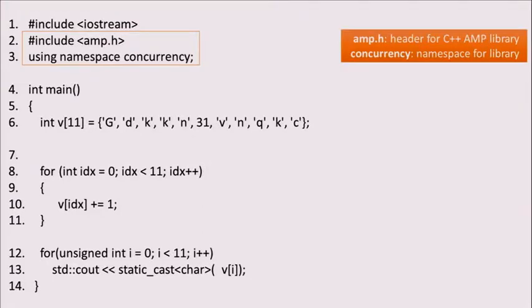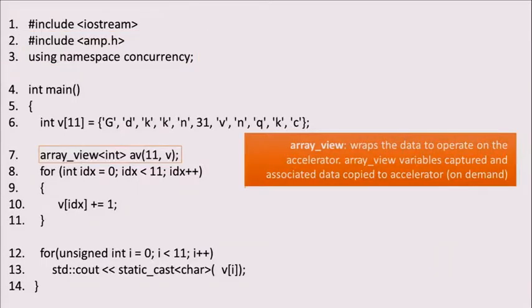So if you want to write an AMP version, you of course have to include the AMP header, and if you want to do less typing, you use the using namespace concurrency statement. This is a data structure in that AMP header file, which basically copies the data, it wraps the data that needs to be sent to GPU, because it's in a different chip, right?